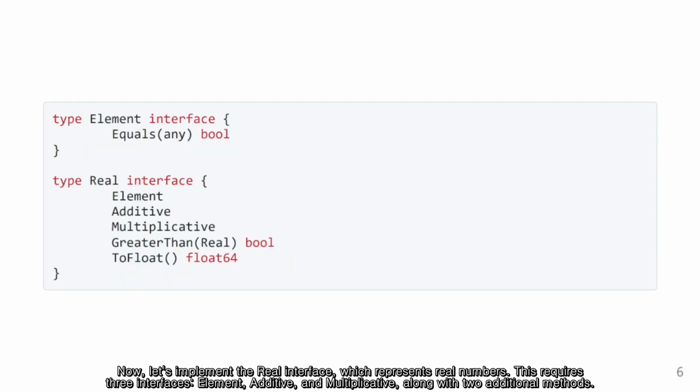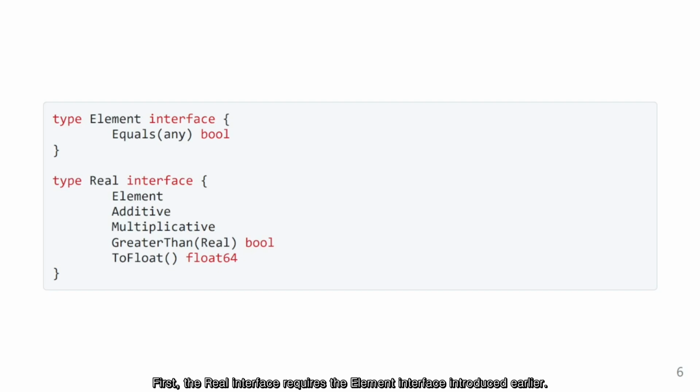Now, let's implement the real interface, which represents real numbers. This requires three interfaces: element, additive, and multiplicative, along with two additional methods. First, the real interface requires the element interface introduced earlier. This means that it is a comparable entity and it has an equals method.